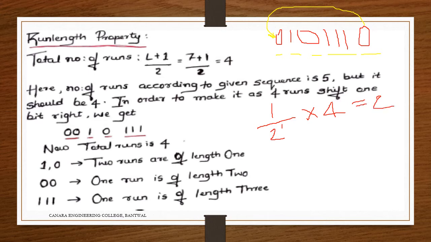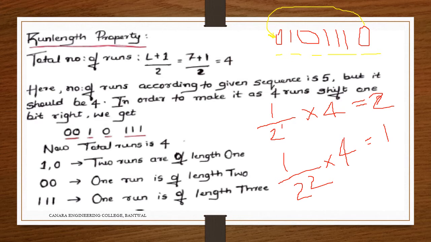How many are there? 2 runs of length 1, this 1 represents the length 1, the 1 and 0, correct. Next, 2 to the power of 2 divided by 4, so 4 divided by 4 is equal to 1. Correct? So one run is of length 2, and that is giving me 1.